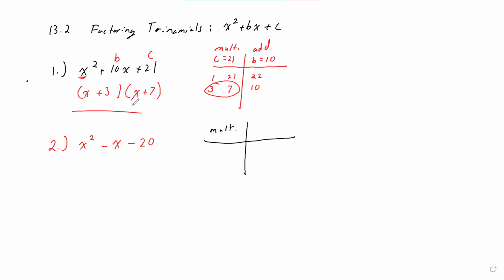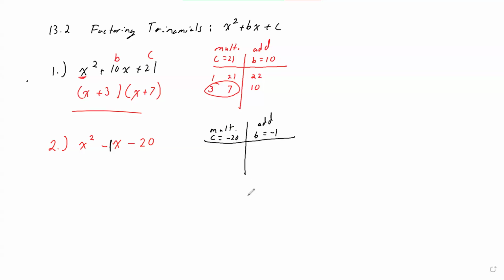The sign goes with the number. So instead of 20, it'll be negative 20. And what am I trying to add to? Perfect. There's an imaginary 1 here, so my B would be negative 1.